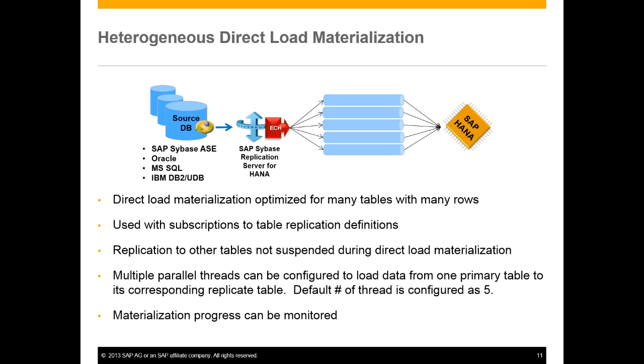A couple of things I want to mention: it is purely based on your subscription. In the subscription, you can specify the direct load clause, and by default it is configured as 5 threads. It depends on your machine size, your CPU power, your memory. You can configure as many threads as you want.